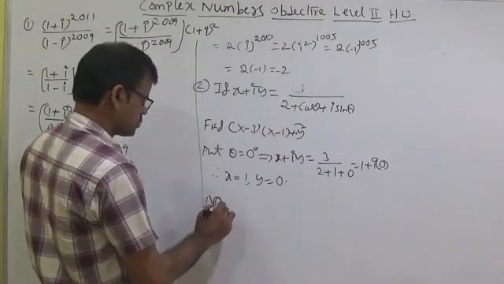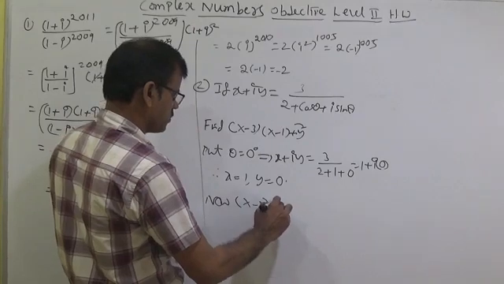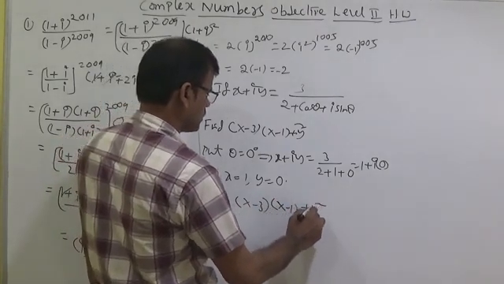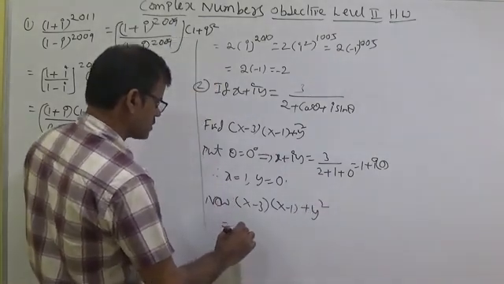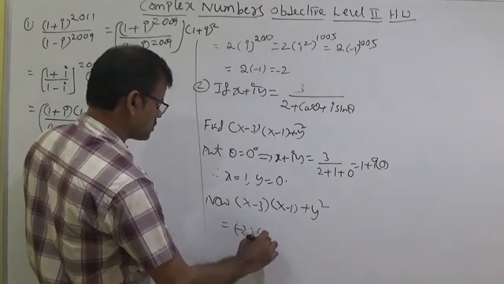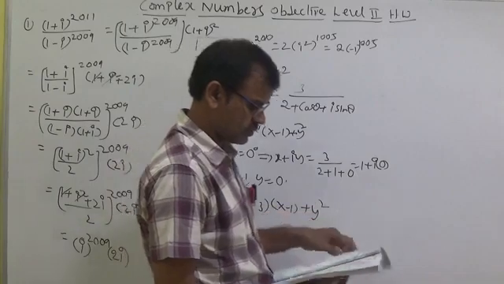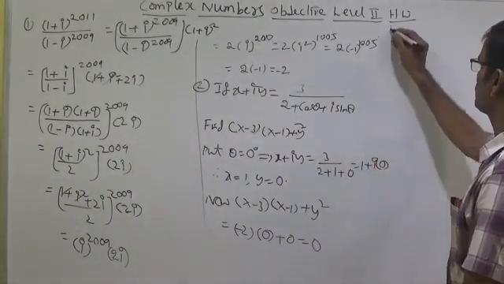Now substitute x equal to 1 and y equal to 0 in (x - 3)(x - 1) + y^2. So 1 - 3 becomes minus 2 into 0, plus 0, equal to 0. Value is 0. Second question, first option.